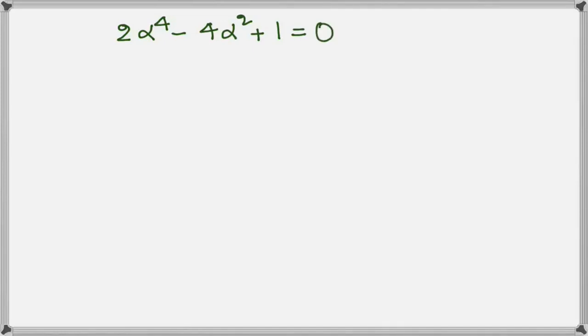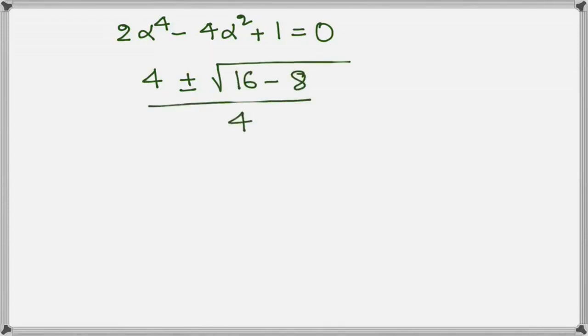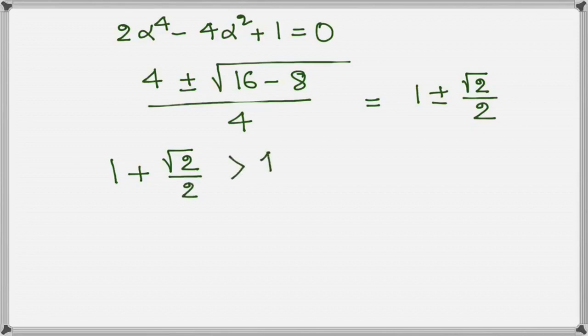By solving this, we get possible choices for alpha square, and they are 4 plus minus square root of 16 minus 8 divided by 4, which is 1 plus minus square root of 2 divided by 2. Now we can note that 1 plus square root of 2 divided by 2 is strictly bigger than 1. Therefore, this cannot be a possible choice for alpha square.